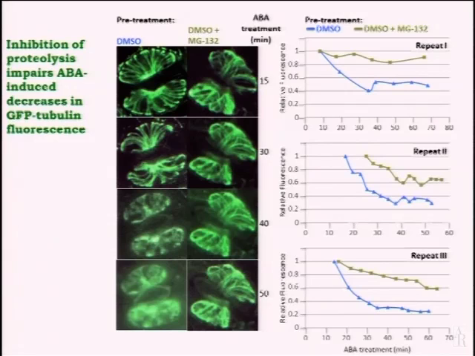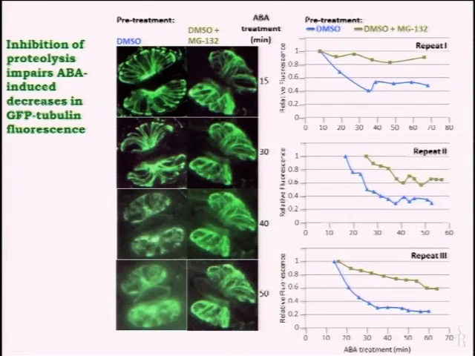And you'll notice that in the DMSO only, you get a good drop in fluorescence, much like what we've seen in all 3 of these different experiments. Whereas if you have applied the MG132, you get varying degrees of inhibition of the fluorescence loss.